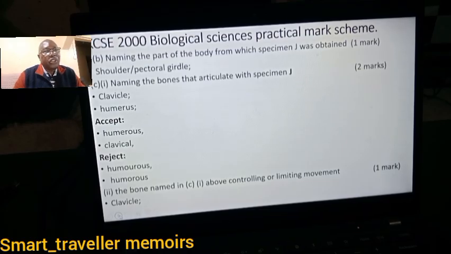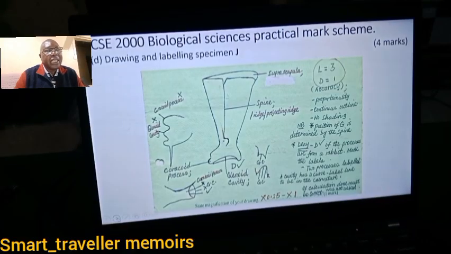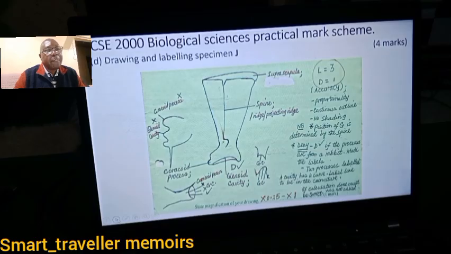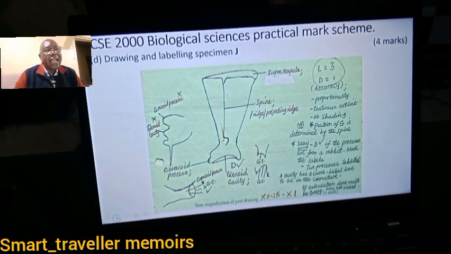Note, position of glenoid cavity is determined by the spine. Deny drawing mark if the processes are from a rabbit. The rabbit ones are very long, but mark the labels. Also deny if two processes are labeled.